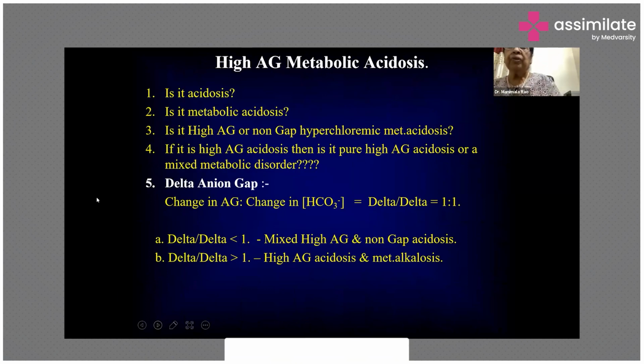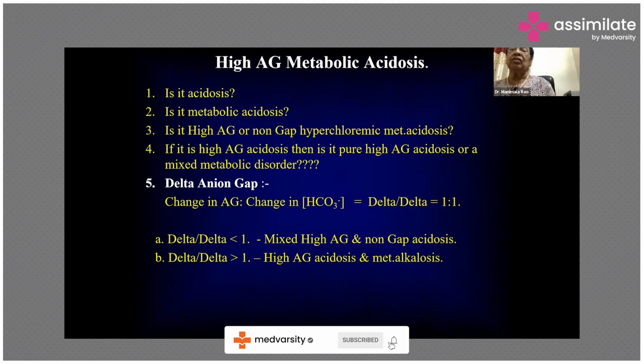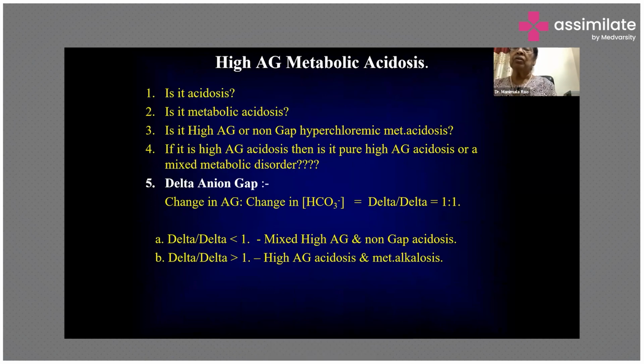So what are we going to do? Is it acidosis? If it is acidosis, pH is low. So you said it is acidosis. Is it metabolic? If you think it is metabolic, then what should you look at? You should look at bicarb. If the pH is low, the bicarb also will be low. Then you say, okay, this looks like metabolic acidosis. Then you calculate whether it is compensated.